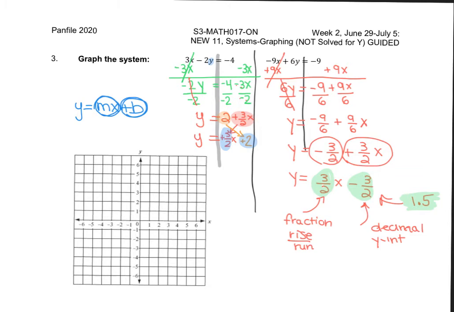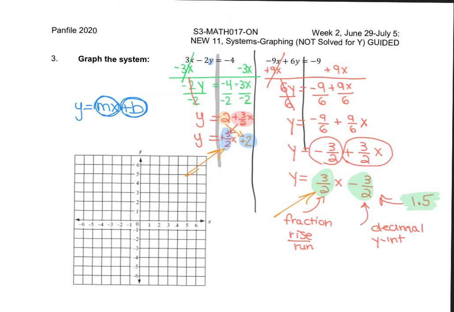What do you notice about your slopes? Your slopes are actually the same, right? Your slope in your first one here is 3 over 2, and your slope here is 3 over 2. So we're going to see in a minute what that means, but just things we're noticing.